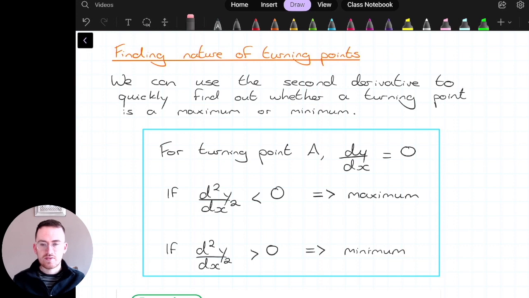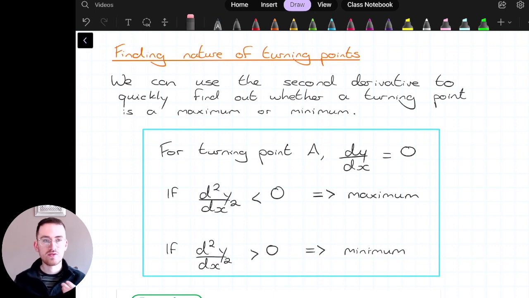If the second derivative is greater than 0, then we have a minimum turning point. So again, a little bit counterintuitive, but just something we're going to have to really remember. Second derivative less than 0, it's a maximum. Second derivative is greater than 0, it's a minimum turning point. And this applies to our turning points when dy dx is equal to 0.